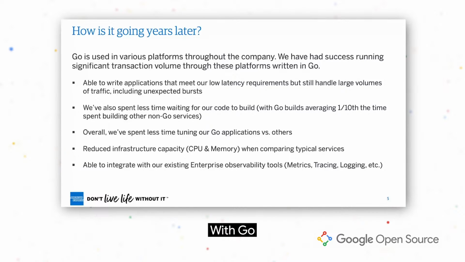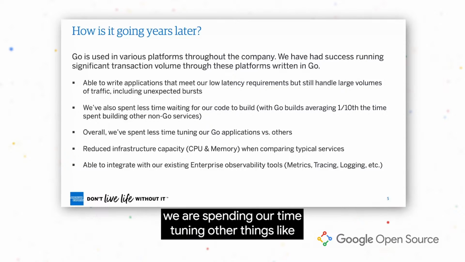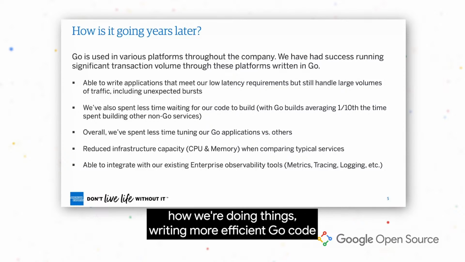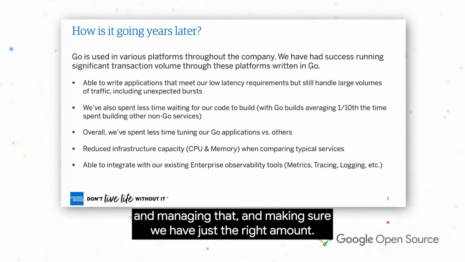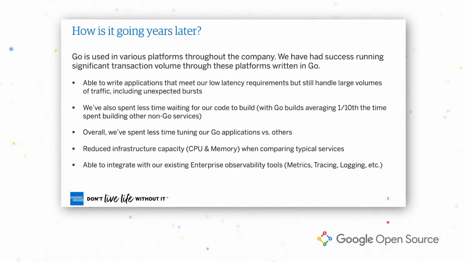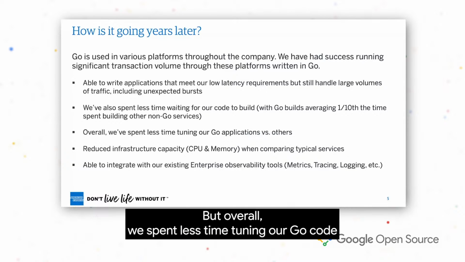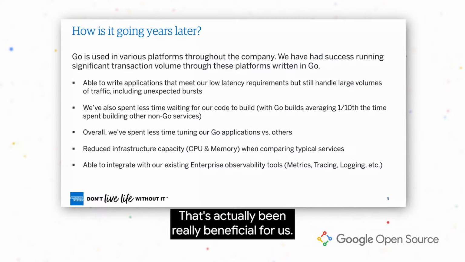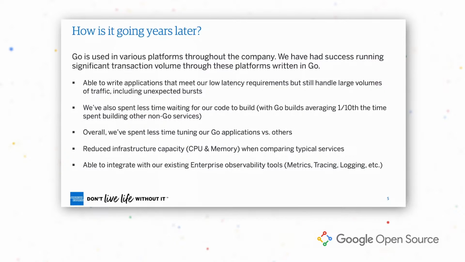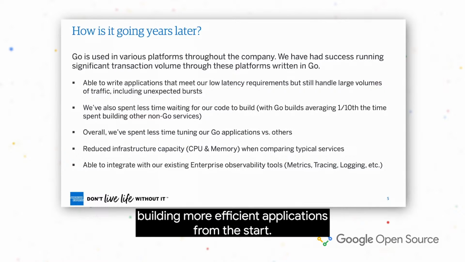We actually, with Go, are spending our time tuning other things, like writing more efficient Go code, and how many Go routines we have, and managing that, and making sure we have just the right amount. But overall, we've spent less time tuning our Go code than some of our other code. That's actually been really beneficial for us. We've been able to focus more on building more efficient applications from the start.